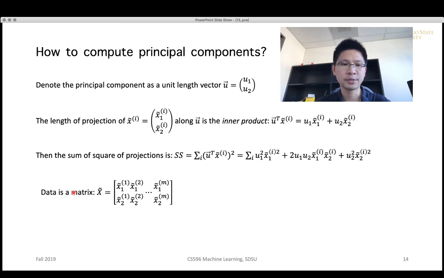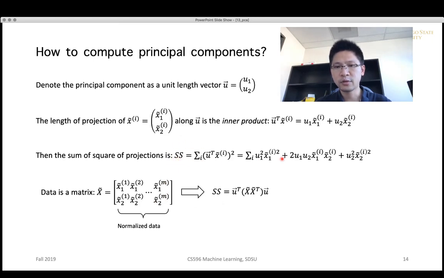Now we represent the normalized data as a matrix, which has two rows, corresponding to the two features, and m columns, supposing that we have m data points. The sum of squares written in this form is equivalent to this matrix form. You write the transpose of the unit vector u on the left, the vector u on the right, and in the middle is x tilde times x tilde transpose.